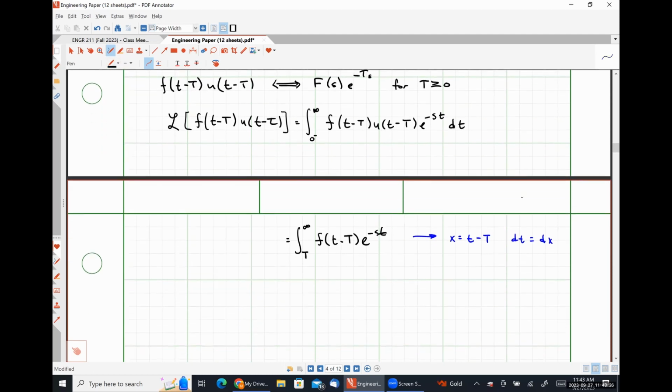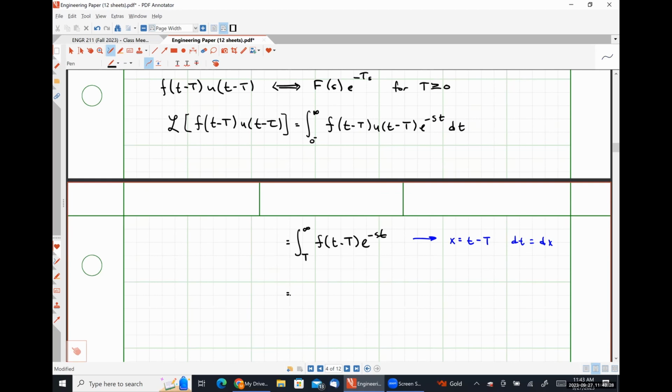Substituting in these relationships, we get the integral from 0 to infinity of f of x times e to the negative s times x plus capital T dx.